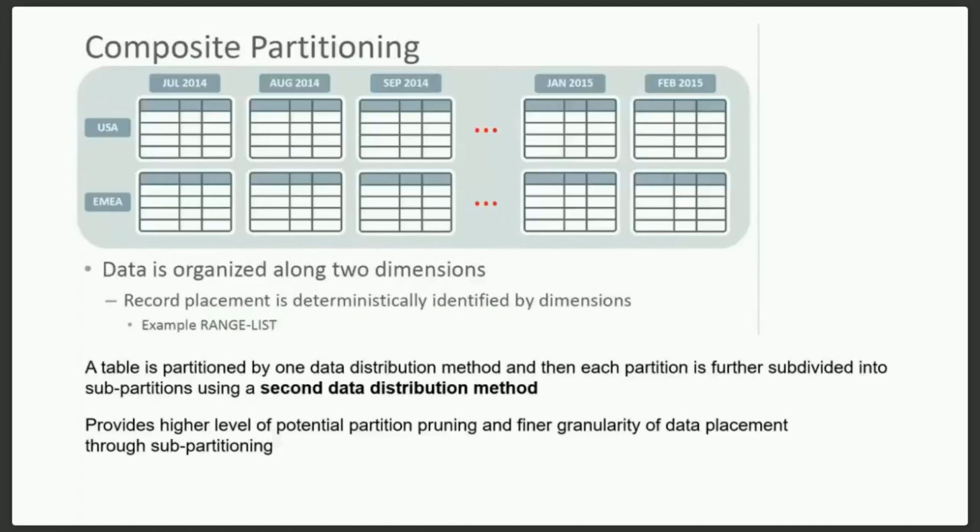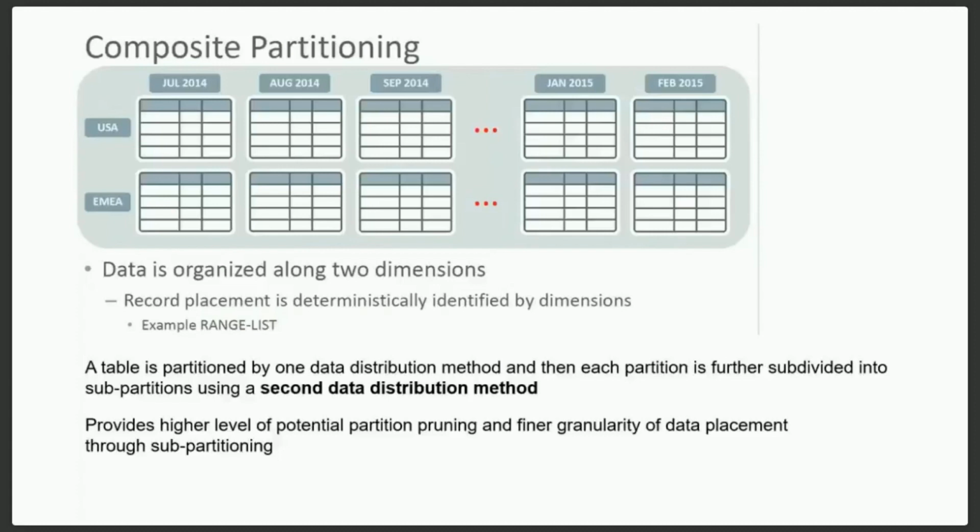So here is a case of composite partitioning where I have initially partitioned by range, and then the sub-partitioning is happening based on list. What does this give us? It provides a higher level of partition pruning potentially for the optimizer and finer granularity of data placement through the sub-partitioning method that we are adopting for this particular table.